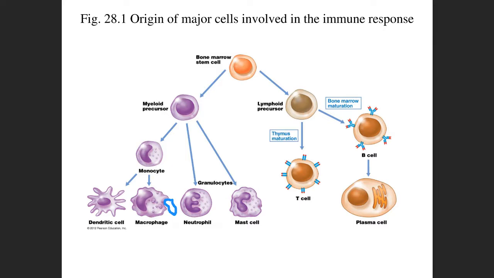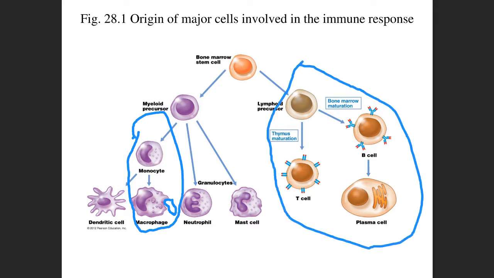And then you have other cell types, neutrophils, mast cells. But for us, this part is very important, and later on, when we talk about the cell-mediated response, this part becomes very important. You must know the cells go into the lymphoids, and then mature into T cells and B cells.